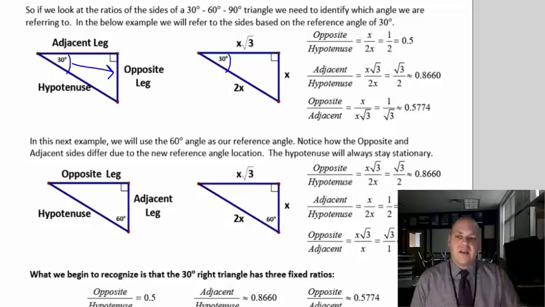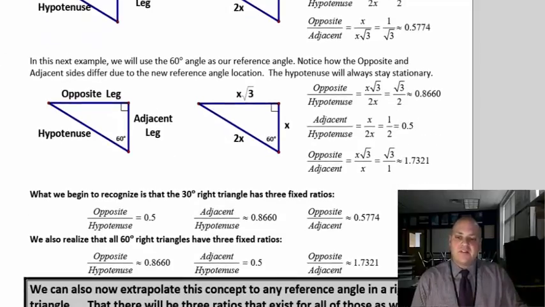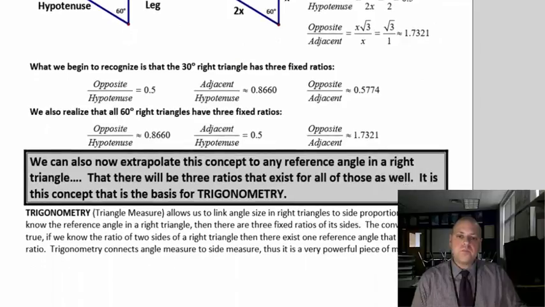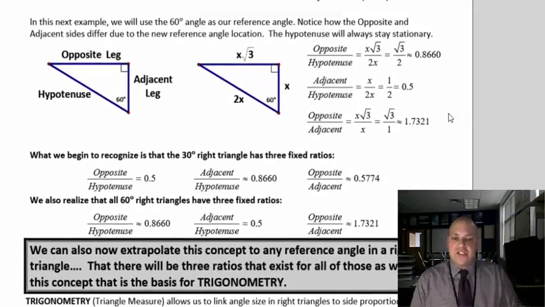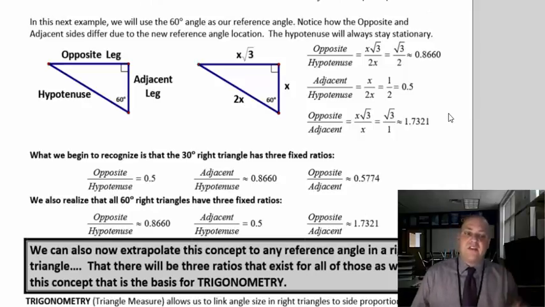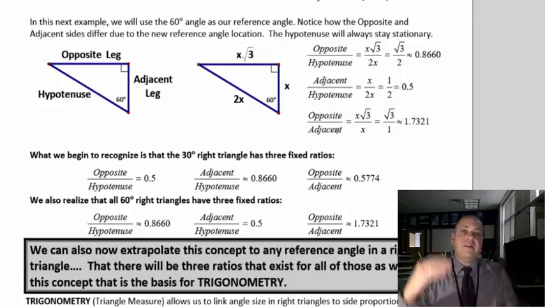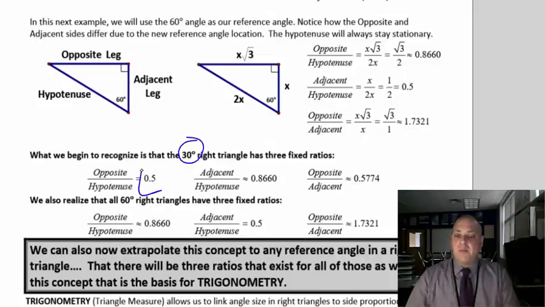So rather than wasting time on the video here, I'm going to skip over this part. But I want to show you that we get these ratios that we did in the activity yesterday. When we did opposite over hypotenuse, we got a certain ratio. When we did adjacent over hypotenuse, we got a certain ratio. Yesterday, remember, with a 30-degree angle, we came up with 0.5.